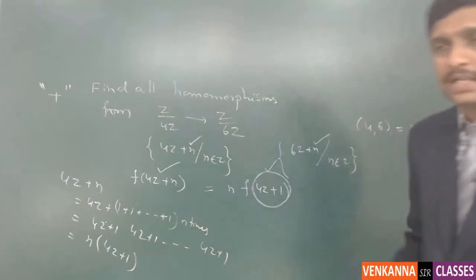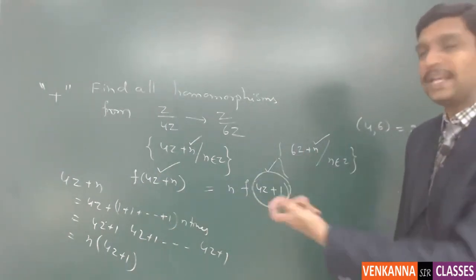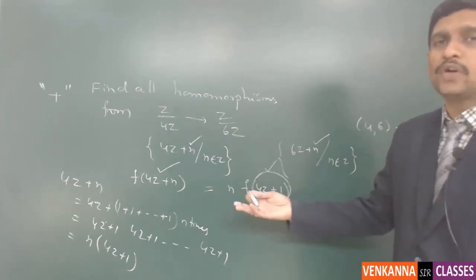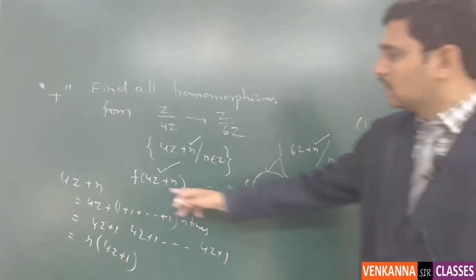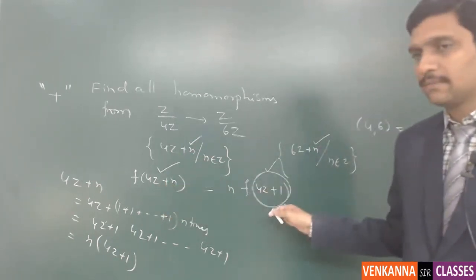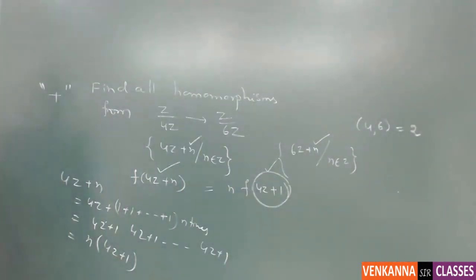In other words, how many possible choices are there for pairing 4Z + 1? The same number of possible choices will occur for this element also, because this is written in terms of this. Are you getting the idea or not?